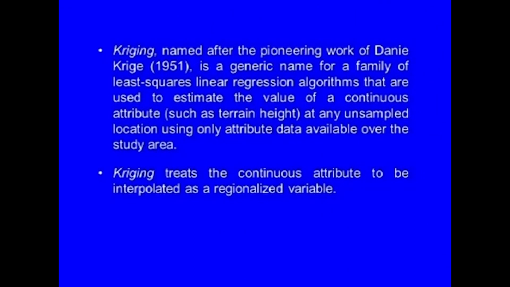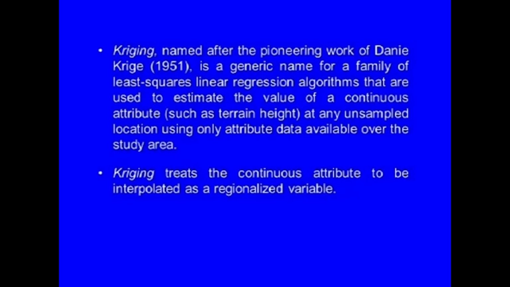Kriging, named after the pioneering work of Danie Krige in 1951, is a generic name of a family of least square linear regression algorithms that are used to estimate the value of a continuous attribute such as terrain height at any unsampled location using only attribute data available over the study area.